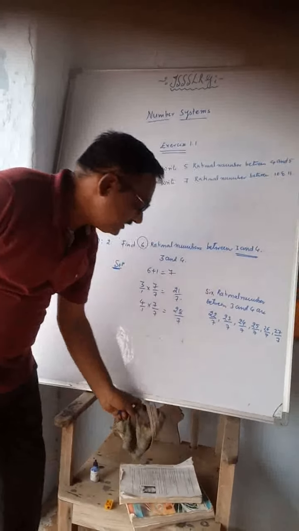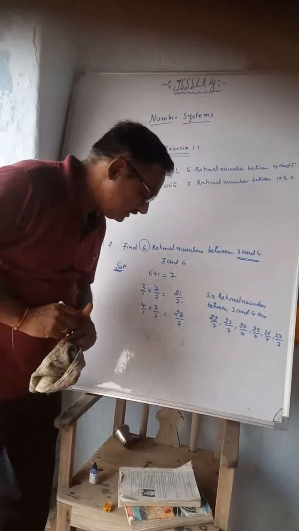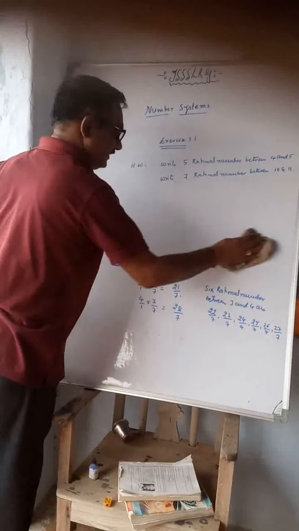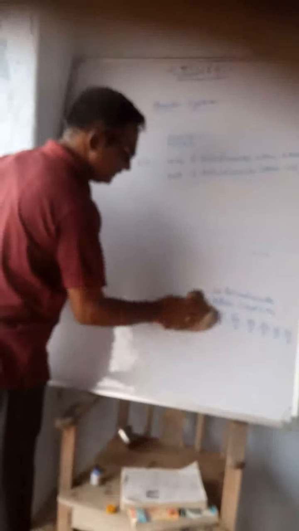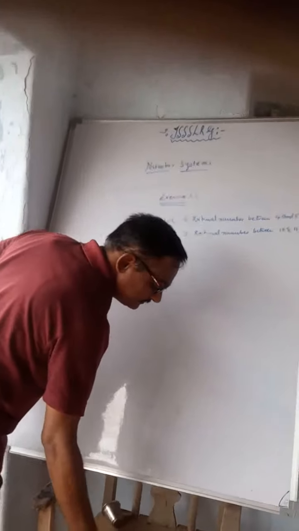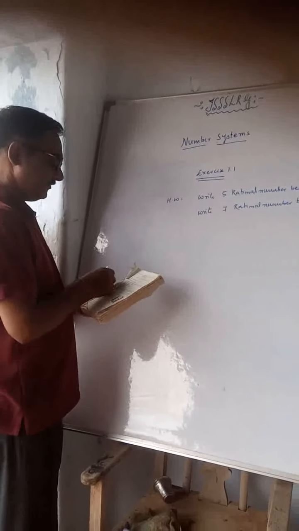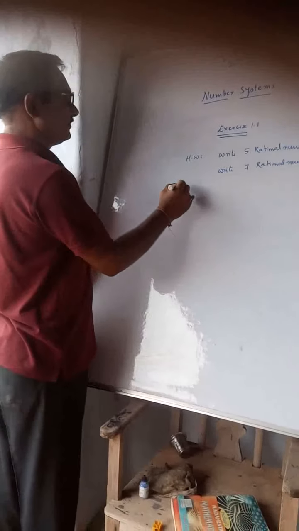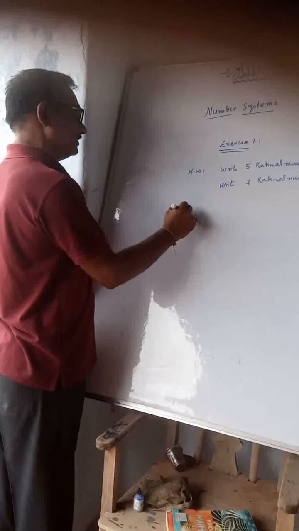Find 5 rational numbers between 3 by 5 and 4 by 5. Another type of problem is there. Question number 3.